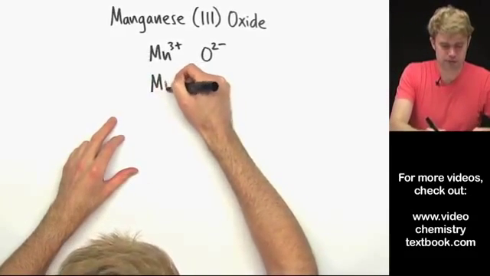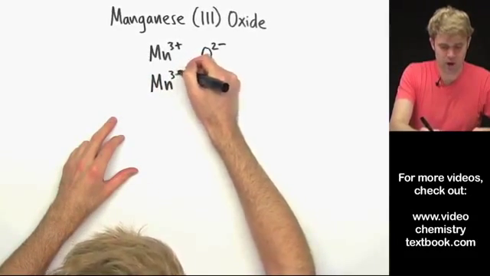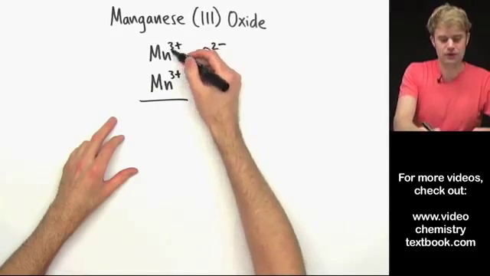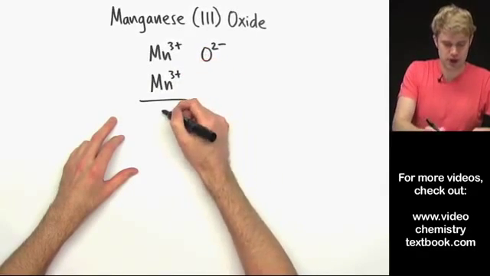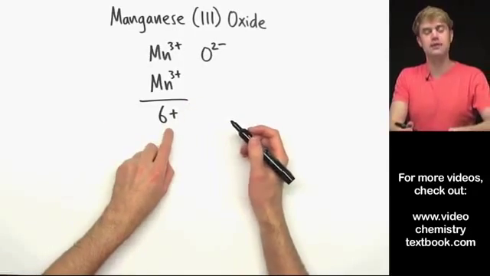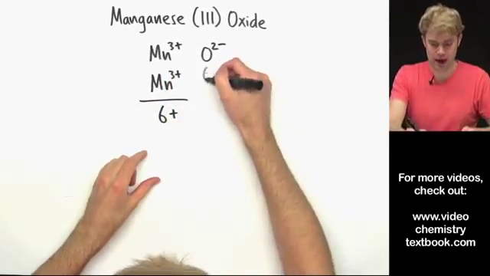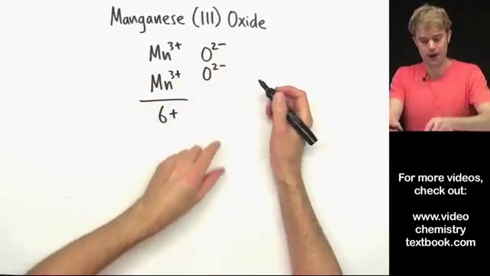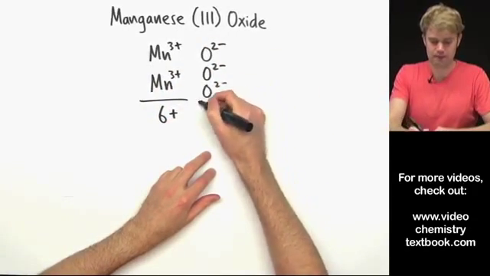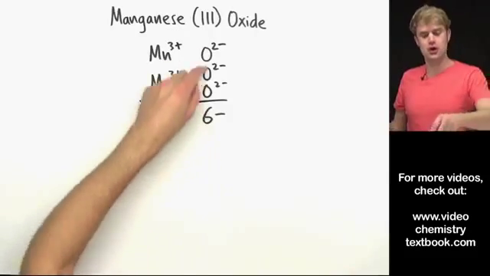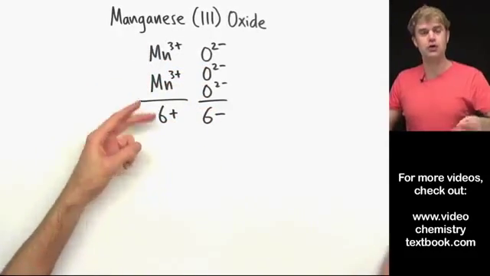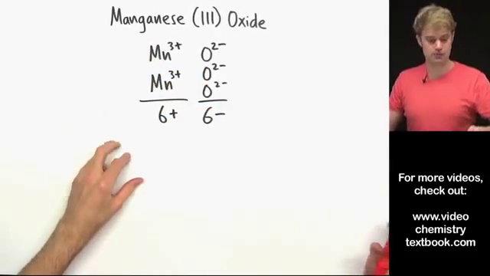To get the charges to balance, we add another one of these manganese, and now we have 3+ and 3+, so we have a total of 6+ on this side. And to balance that with the oxides, we add another for 4-, and then we add another for 6-. 3 oxides balance out 2 manganese 3+.